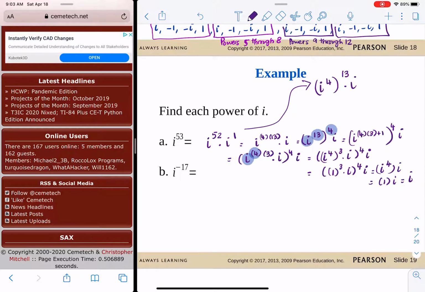But what is i raised 4? i raised 4 is simply 1. So we have 1 raised 13 multiplied by i. 1 raised to any power is simply 1, so we end up getting the same answer, i. So you just have to be careful and think about the problem first. I showed you 2 different approaches. One, the lengthy way, you're trying to write it in simple powers of 4. The other is the easier way.